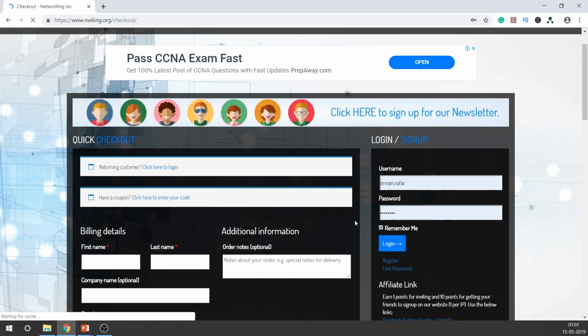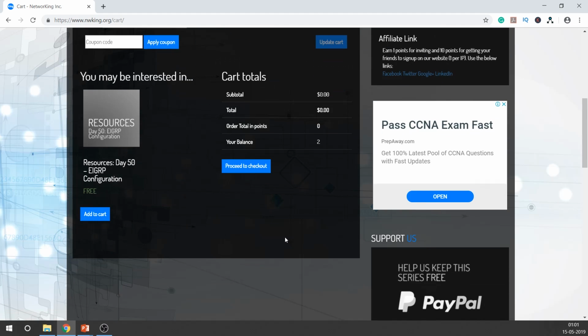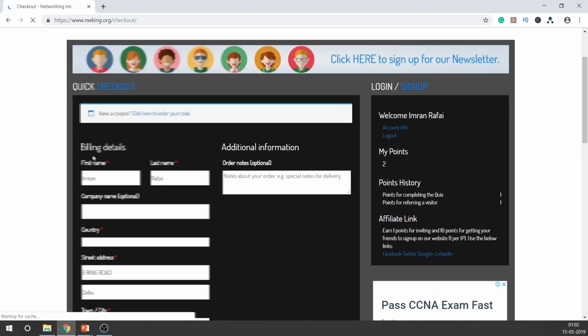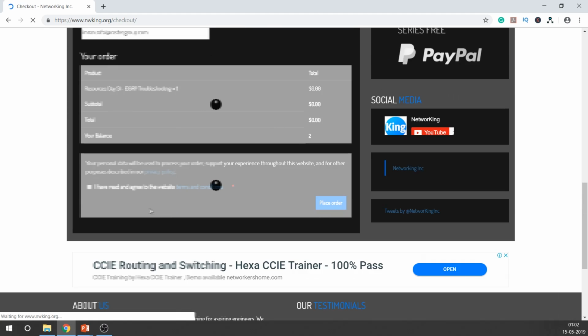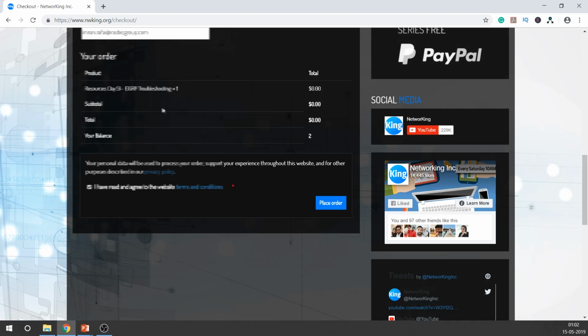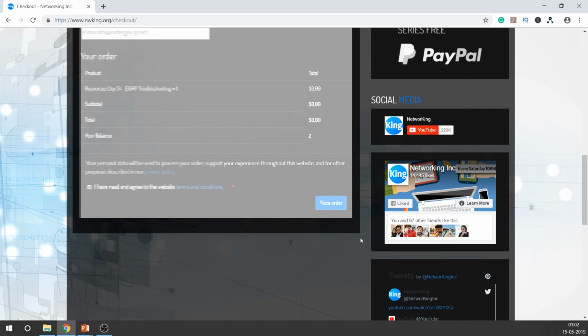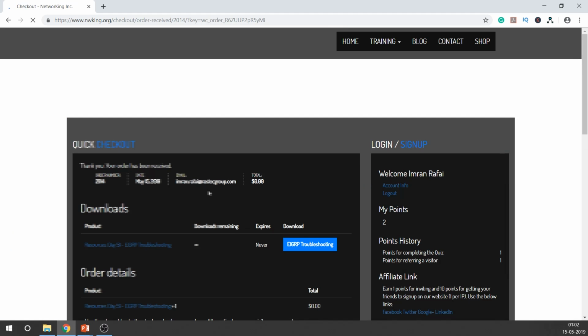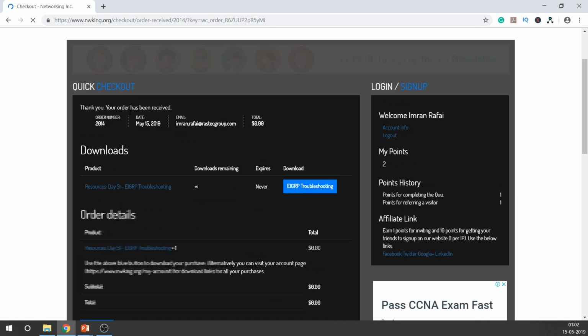So let's log in and proceed to checkout. It's asking me for all this information. Obviously you will not see this, but you can put your information here. Click on place order. Once the order is placed, an order number gets generated.